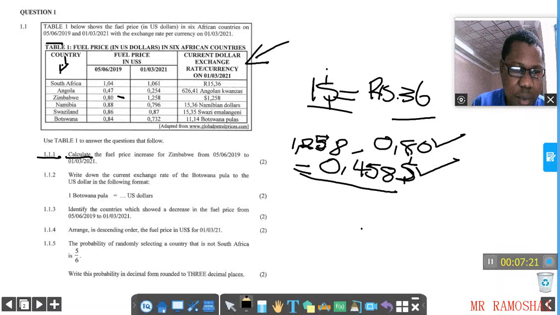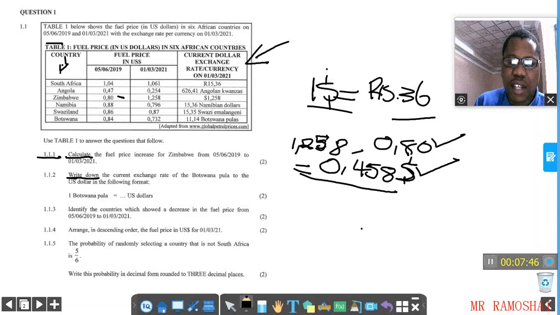Now when you go to the second one, we look at the action verb, right? It says write down the current exchange rate of Botswana Pula to the US dollar in the following format. Right, like I said, I gave you an example with the dollar and rand.